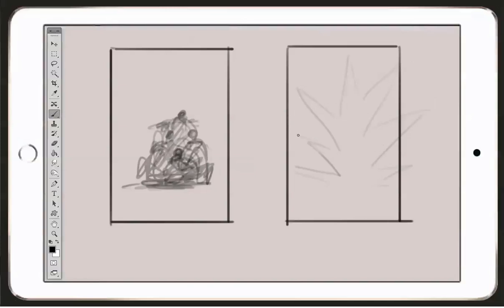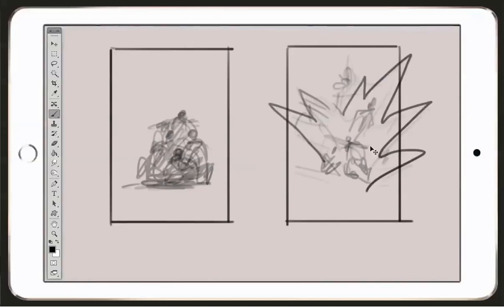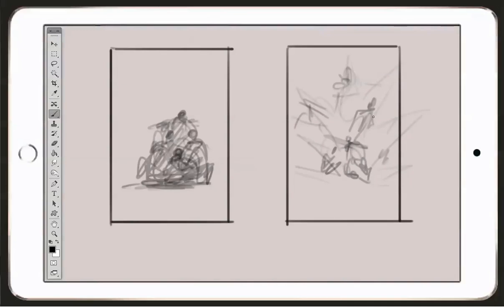So this becomes the structural concept on which I can then build, let's say, some soldiers that are fighting here, and some other elements over here that form this sort of explosion shape like that. That helps to get this idea across of violence, war.